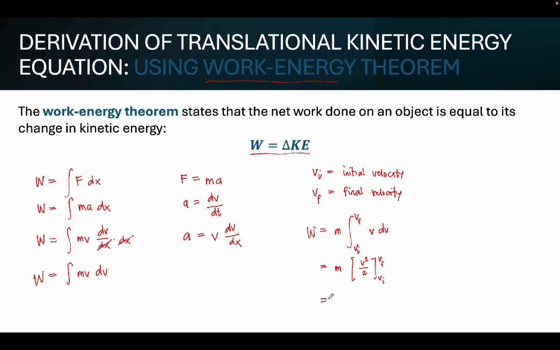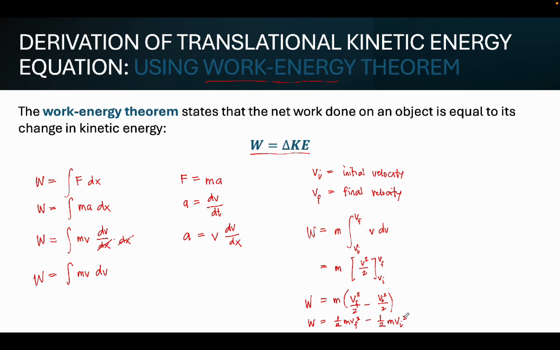Okay, so we have m times vf squared over 2 minus vi squared over 2. Okay, so we can also have it as work is equal to, distributing this, 1/2 m vf squared minus 1/2 m vi squared.